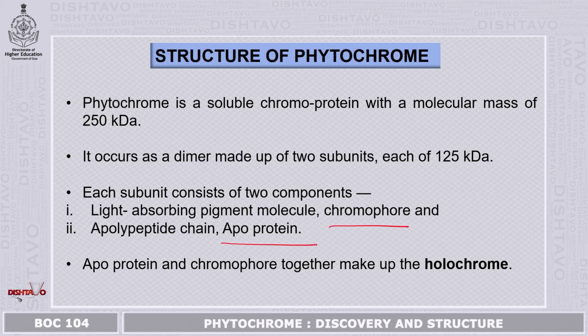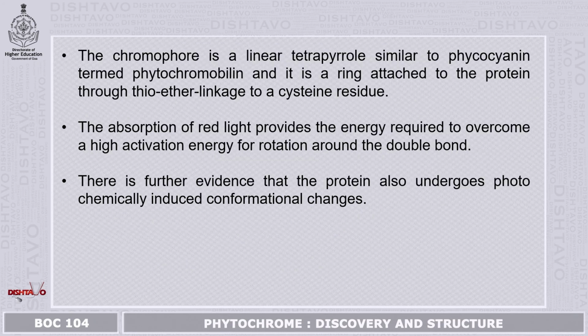So the light absorbing pigment molecule, that is the first part, is the chromophore part, and the other one is the polypeptide chain, that is the apoprotein. These 2 components together make up the holochrome. The chromophore is a linear tetrapyrrole which is similar to phycocyanin, termed as phytochromobilin, and it is a ring which is attached to a protein through a thioether linkage to a cysteine residue.